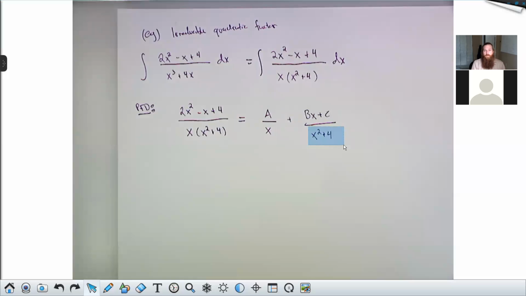But the degree here is 2. So if I'm asking what are all possible proper rational functions that could have had this as a downstairs, that's not just a constant, that's any linear function, any degree 1. So remember, irreducible quadratic factors get linear numerators, not constant numerators in the PFD expansion.